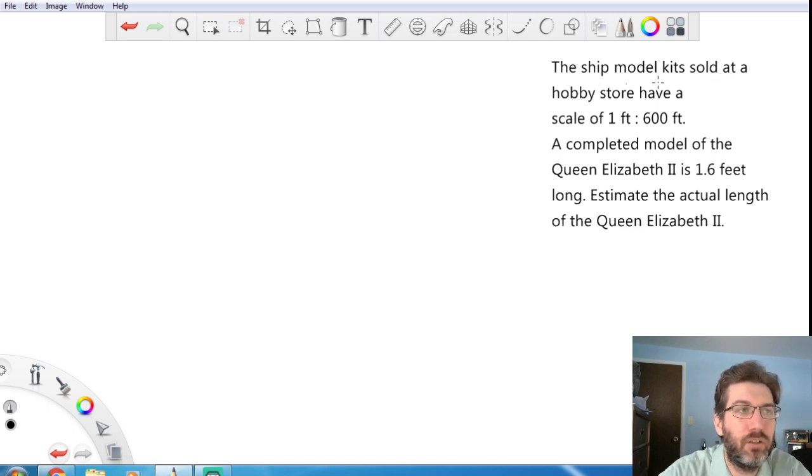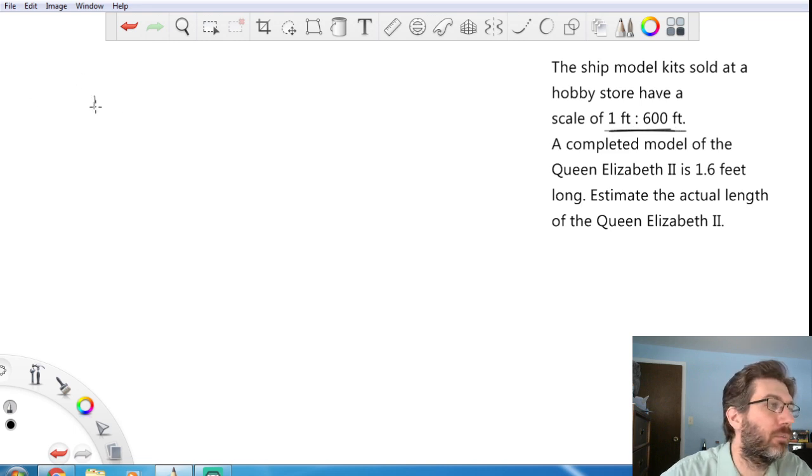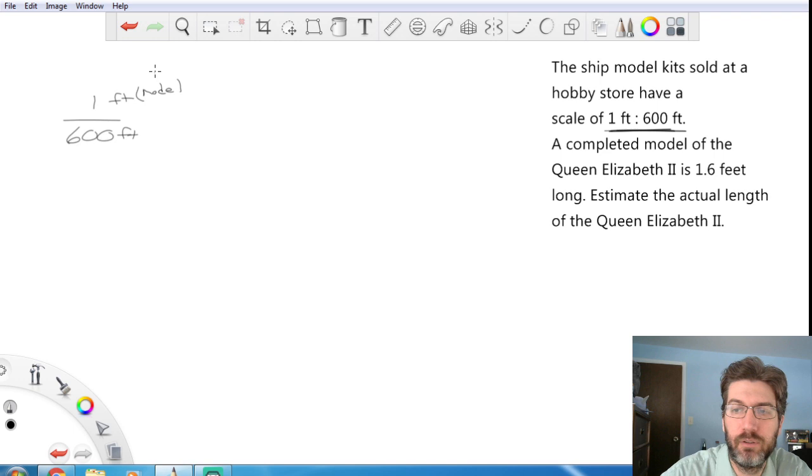Here the model kit from the store is sold has a scale of 1 foot to 600 feet. So we're going to put that as our first ratio. And keeping in mind they're both in feet, but this one here is the model, I can write an M. This one's the model, and this one's the actual ship.